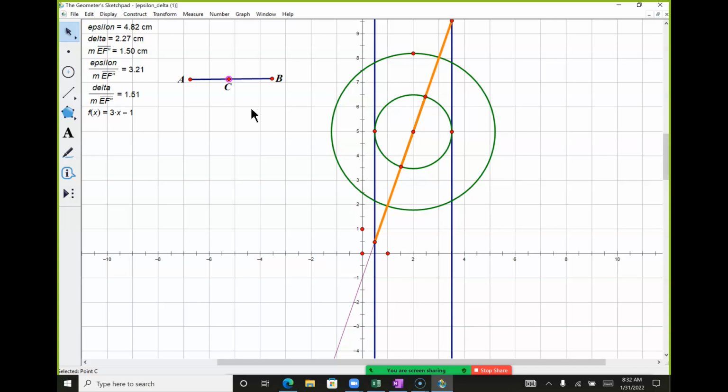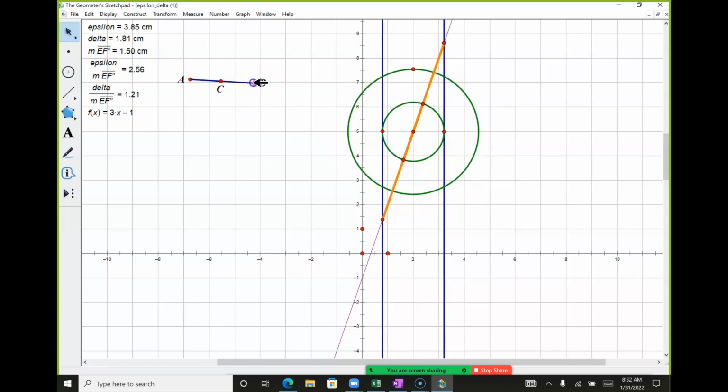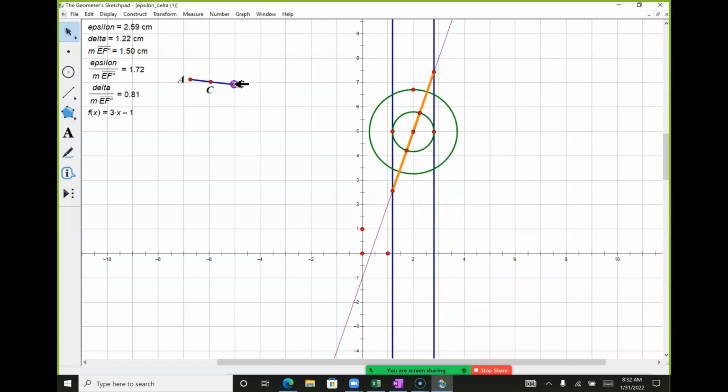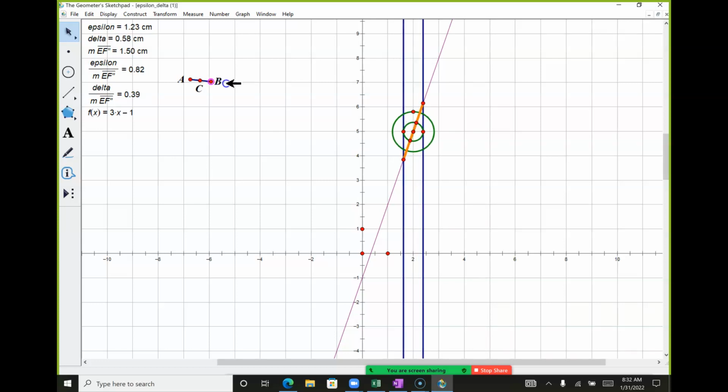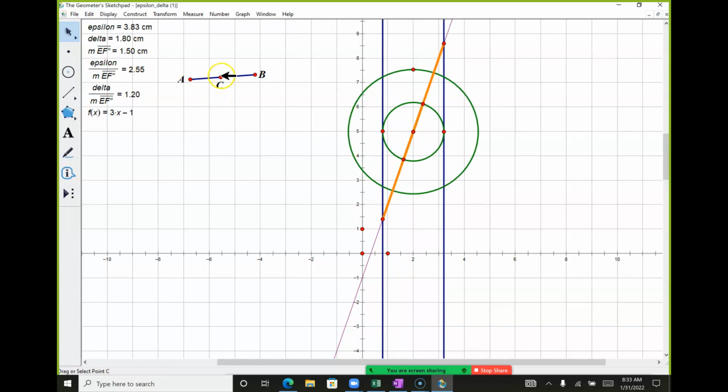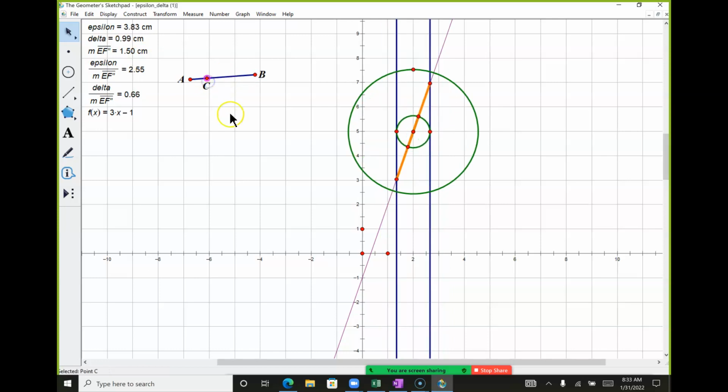So that means I shot the arrow but missed the target completely. So when I make my target small, I still could have missed the limit. I still could have missed the center, right? Because remember, I'm going all the way down to 0. But if I pick epsilon over 3, you see how the orange is completely on the target?